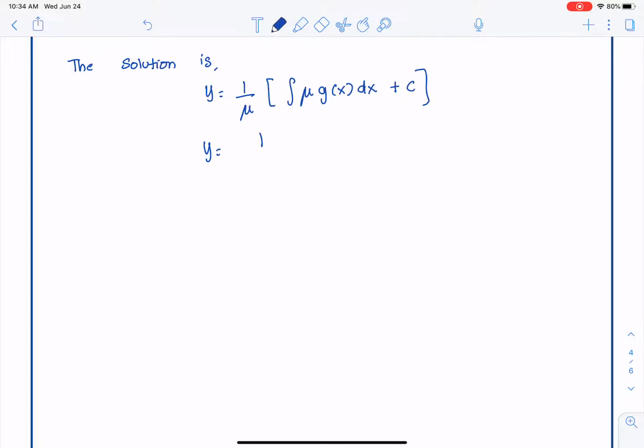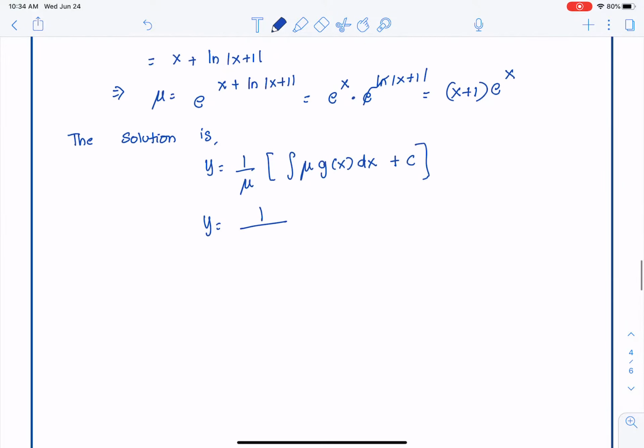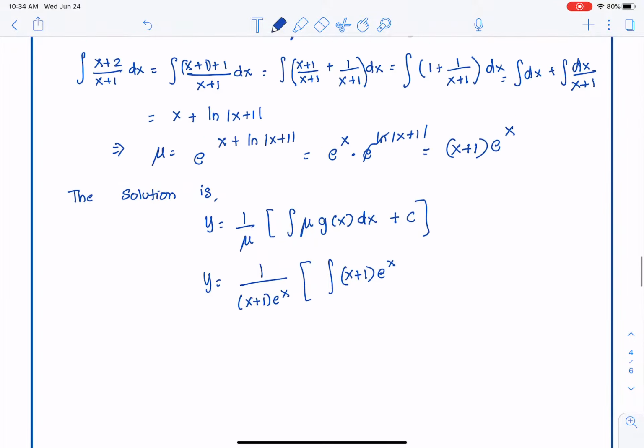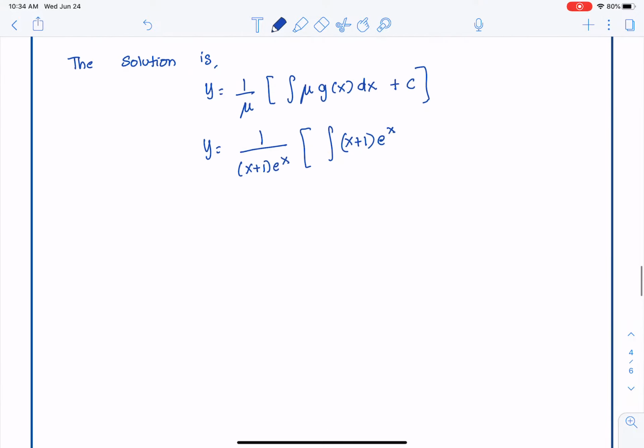Y equals 1 over, we have mu as (x plus 1) times e raised x, integral (x plus 1) times e raised x. G of x in our case is 2x over (x plus 1) times e raised negative x dx plus c.